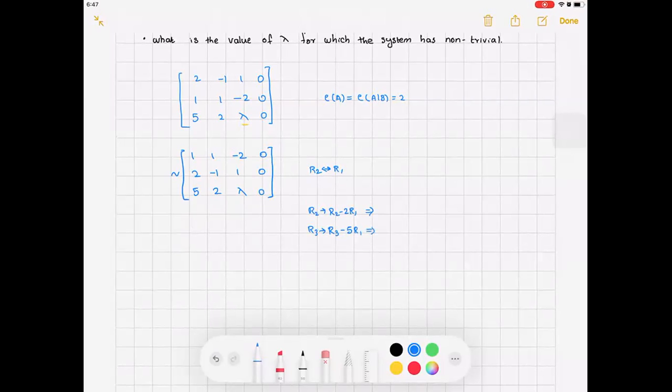So this is nothing but 2 minus 1 1 0 2 2 minus 4 0.